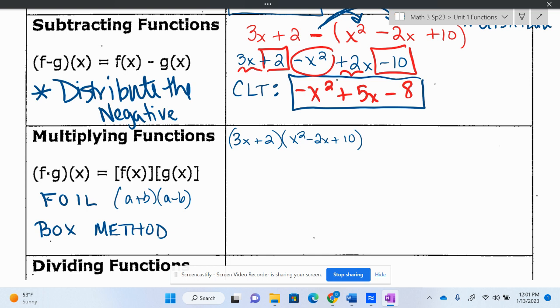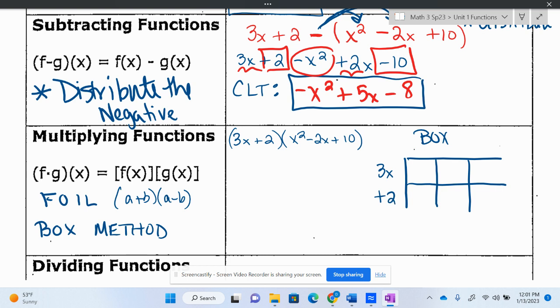So remember, let's put a box over here. So with the box method, you're going to put your terms outside of the box. So I'm going to put the 3x and the positive 2 on the short side because I only have two terms.